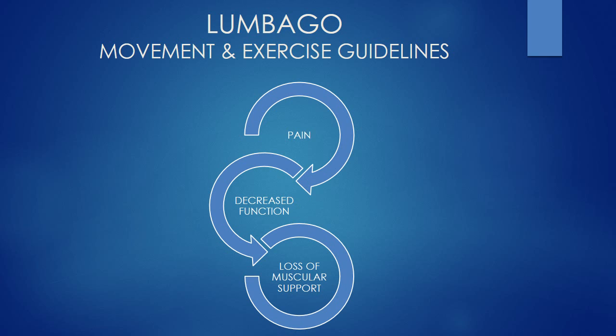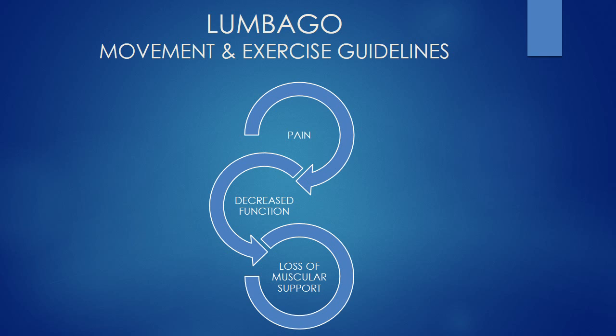And this sets the stage for recurrent and repeated episodes of lower back pain and lower back injury. And these repeated and recurrent episodes of lower back injury are the rule rather than the exception. I'll explain why that is in just a moment.